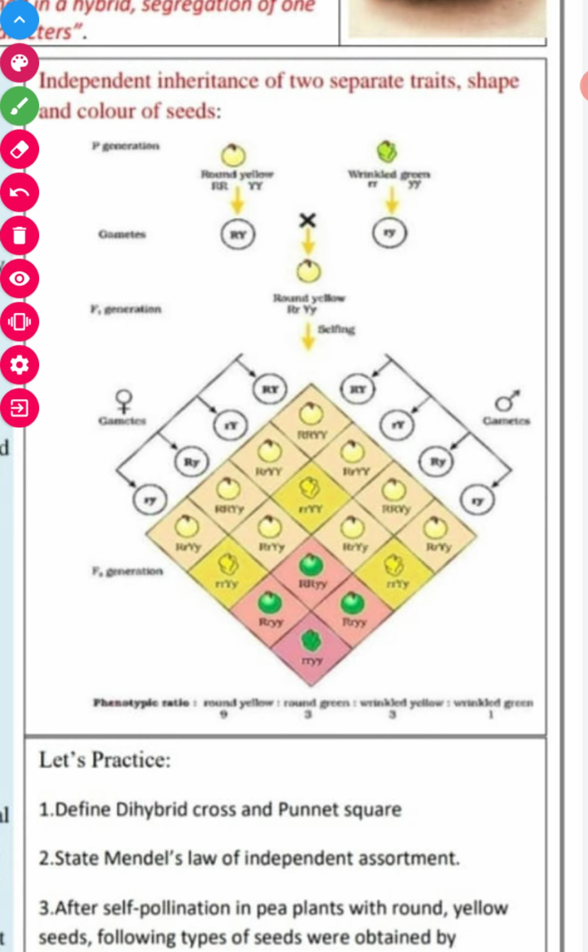Likewise you can do it for the rest. By this way you will get all the possible 16 outcomes.